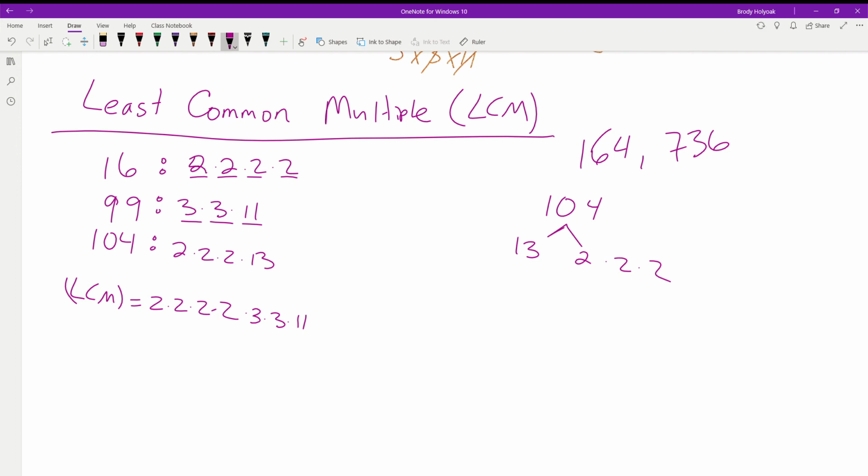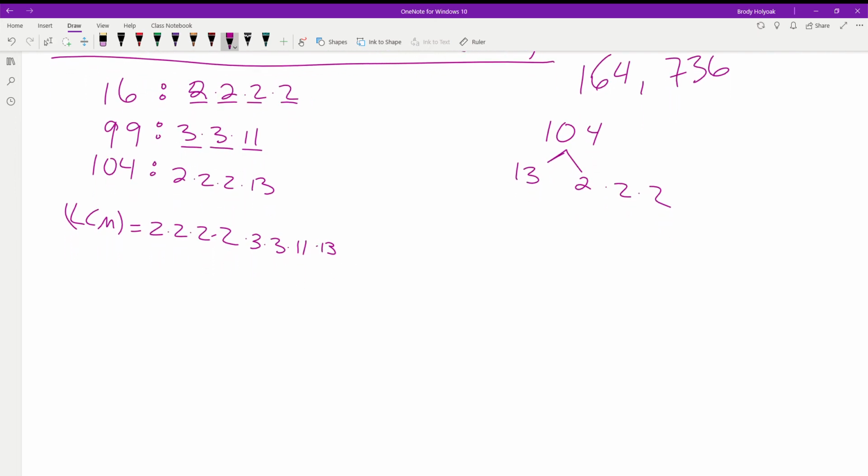To have 104, we need 3 2s and a 13. We have 3 2s already, so we don't have to add them in there. The 13, we do. So we add that into our value. Then once we have everything calculated as far as what we need, we multiply all those values together. That will give us our least common multiple.